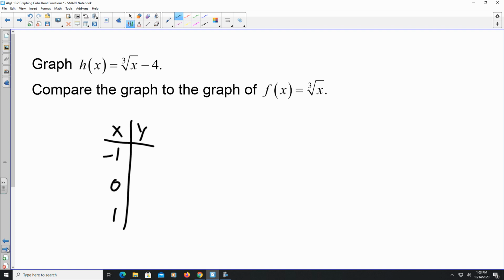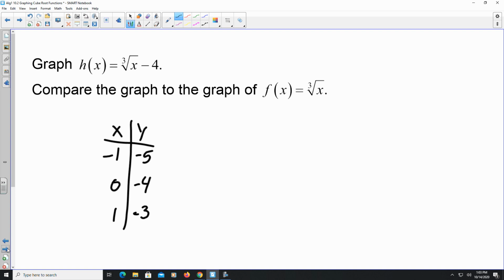Cube root of -1 is -1, minus 4 gives me -5. Cube root of 0 is 0, and that gives me -4. Cube root of 1 is 1, and this will give me -3.